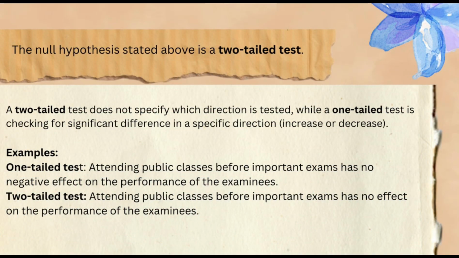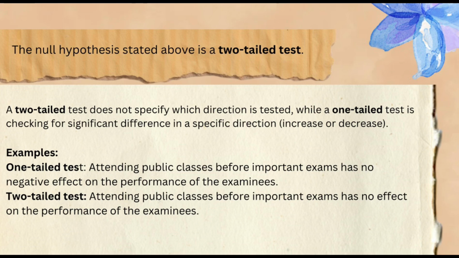The null hypothesis stated earlier is a two-tailed test. A two-tailed test does not specify the direction of the effect, meaning it checks for any significant difference, whether an increase or a decrease. On the other hand, a one-tailed test looks for a significant difference in a specific direction.